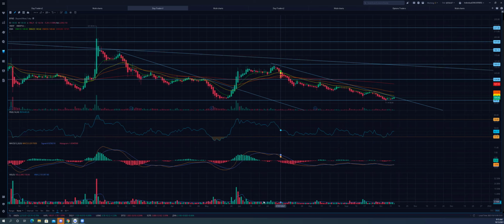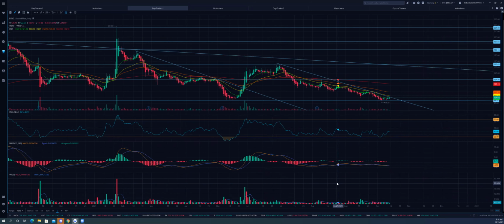Because you can see right here, average volume in the past, from July all the way until September, volume was really low. Then this little volume came in right here, and that's why you saw this spike from 106 up towards 115, because more than average volume came in.